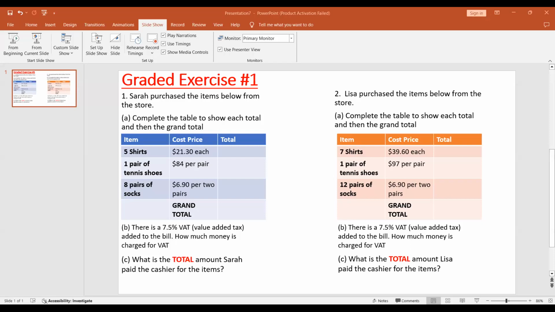Excuse me, Mr. Petit. Go ahead. For 1B, after you already set up the 7.5 over 100 times the total over 1, and you already multiply it, and you already divided by 100, which part are you supposed to round off? I can't really remember.